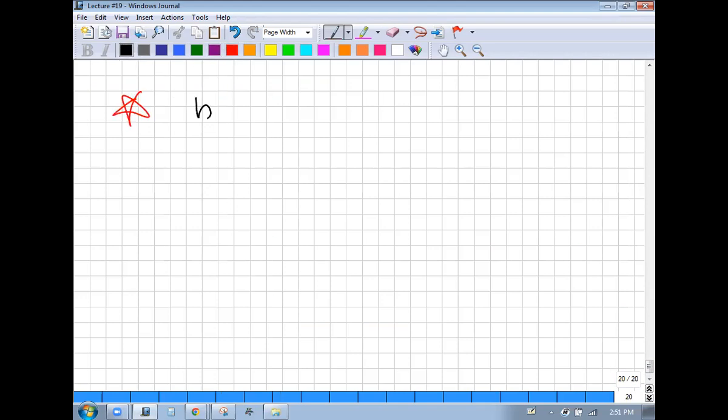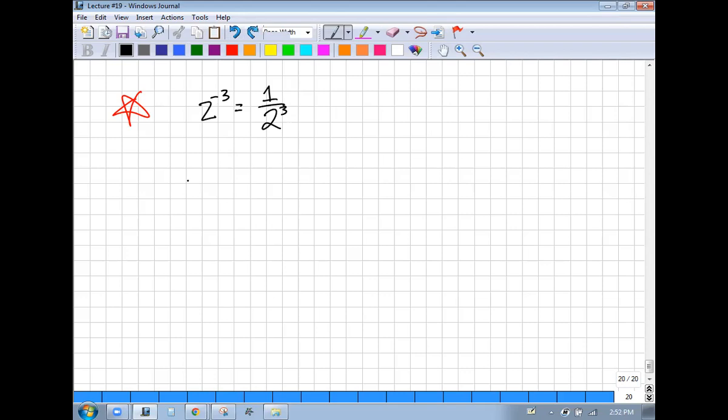So let me do it generic: 2 to the negative 3, that minus sign tells you how many times you're dividing. A positive exponent is how many times you're multiplying something by itself. The opposite of a positive exponent is a negative exponent. The opposite of multiplying is dividing. So a negative exponent just means divide.